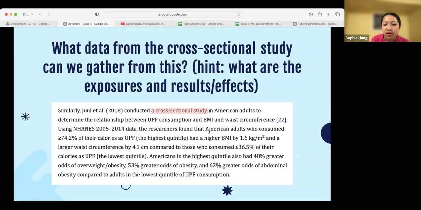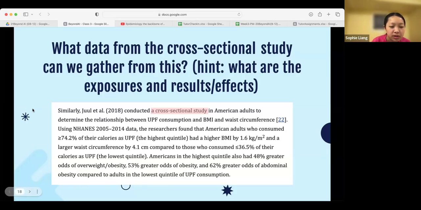So, for example, American adults who consumed more than 74.2% of their calories as UPF, which I believe is ultra processed foods, had a higher BMI by 1.6 kg per meter squared and a larger waist circumference by 4.1 centimeters, compared to those who consumed less than 36.5% of their calories as UPF. So that's a lot of data.